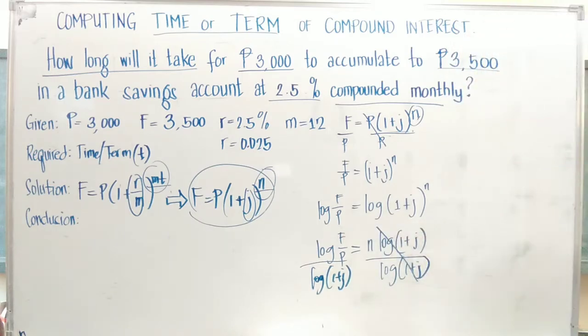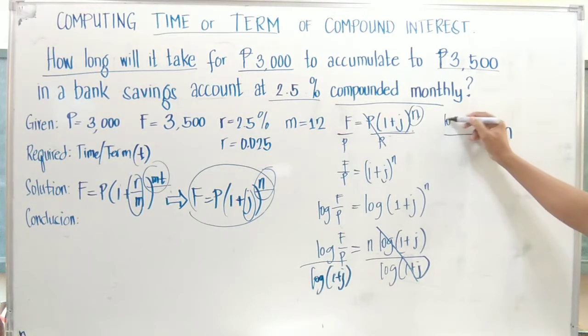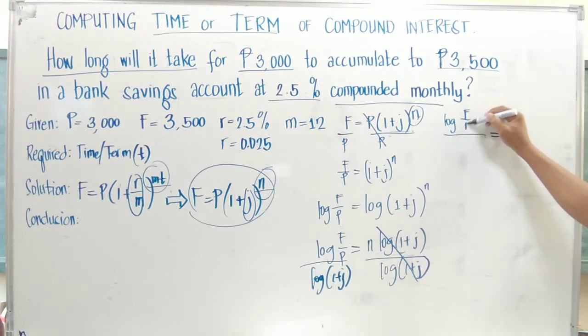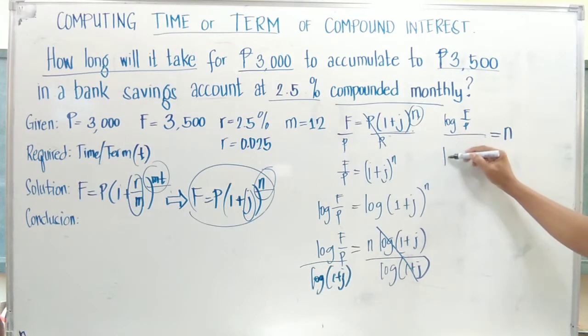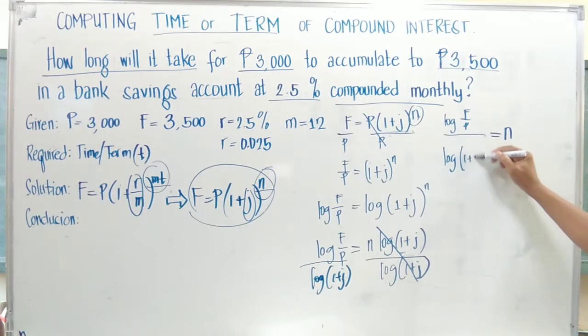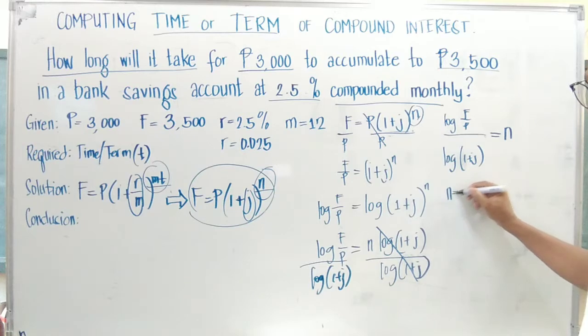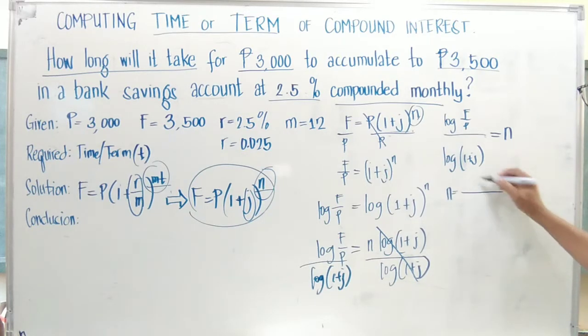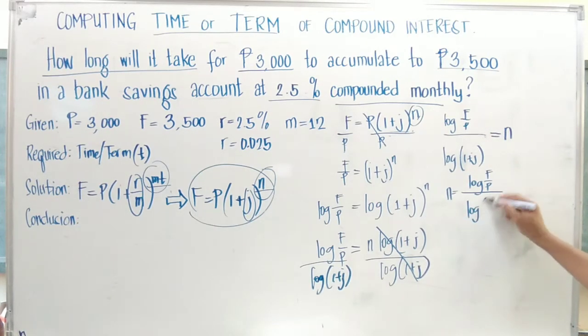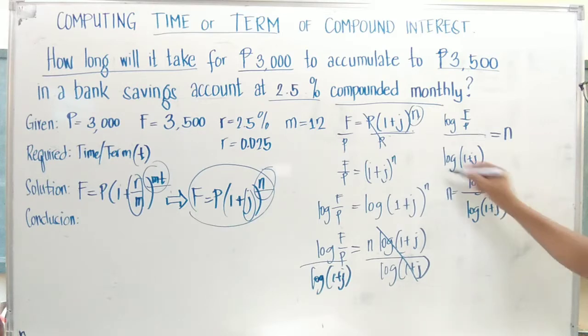On the other side, the remaining is n, and on the other side, we have log of F over P all over log of 1 plus j. Or, to write it the proper way, n is equal to log of F over P over log of the quantity 1 plus j.